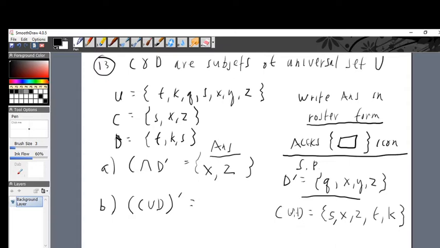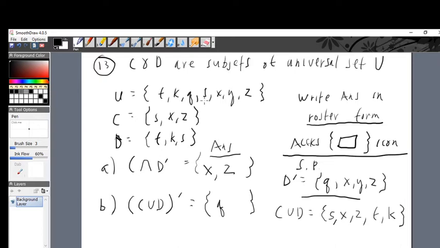All right, now for the prime, we're looking for the complement. So compare C union D with the universal set and take everything that's in the universal set that's not in C union D. Is F in C union D? Yes, forget it. Is K in C union D? Yes, can't take it. What about Q? Q's not in C union D, we'll take it. What about S?